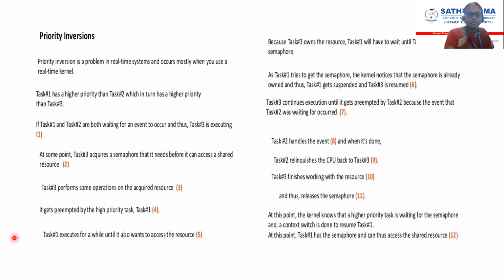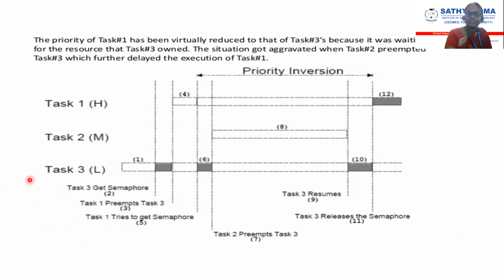Okay. Now you see it gets preempted by the high priority task 1. Preempted means earlier or before; that is the meaning of the word. So even though task 3 got the semaphore, task 1 preempts task 3. But what happened? Task 3 is now in the highest priority and task 1 is in the lowest priority.